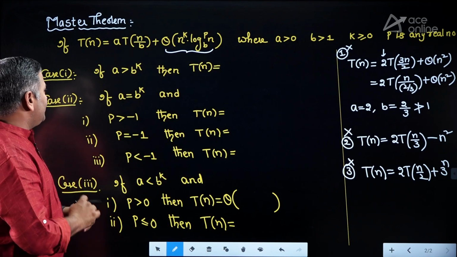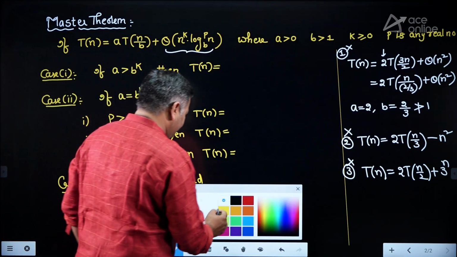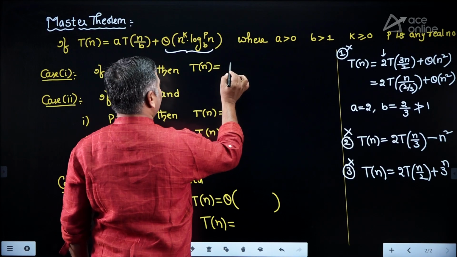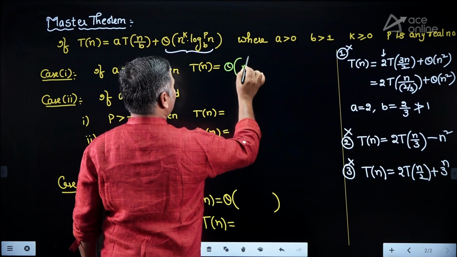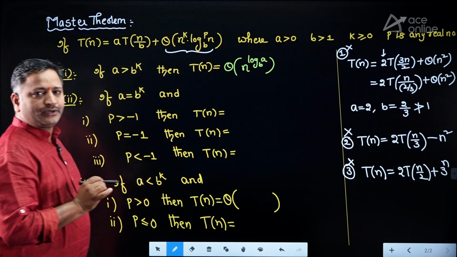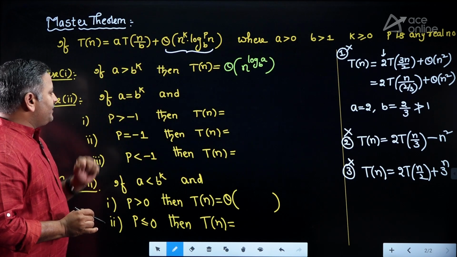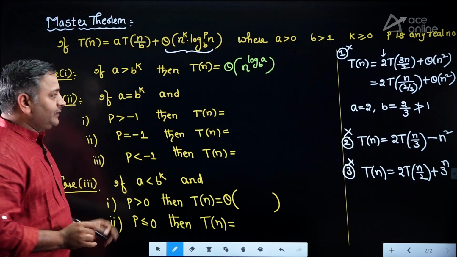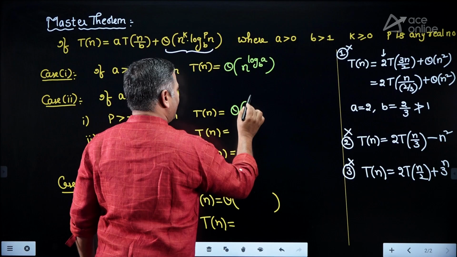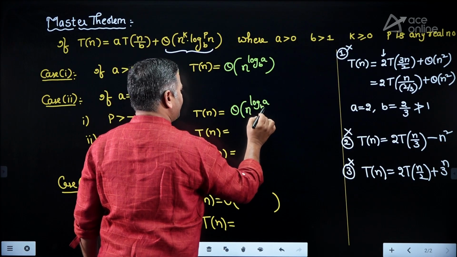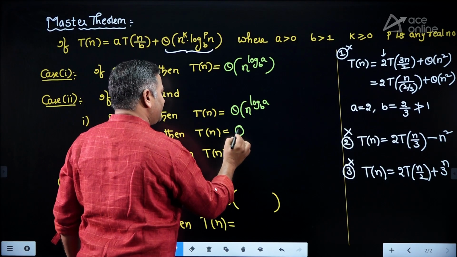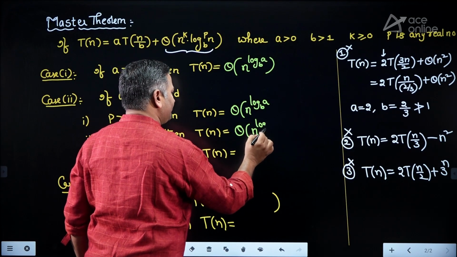Now we will discuss the different cases of the master theorem. If a is greater than b to the power of k, then T(n) = theta(n to the power of log a to the base b). If a equals b^k and p is greater than minus 1, simply write down the solution of the first case as it is, theta(n^(log_b a)). Even if p equals minus 1 we can write theta(n^(log_b a)).